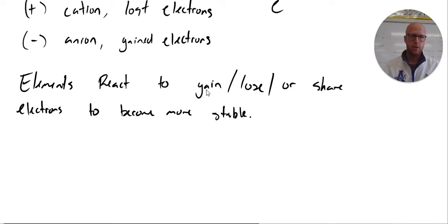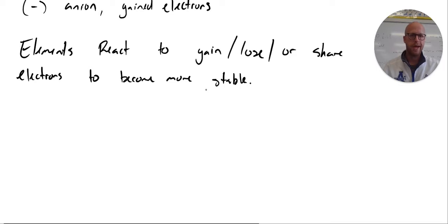Certain elements lose electrons, metals, and other elements, nonmetals, gain those electrons. If we remember back to our atomic radius and ionization energy, a lot of that has to do with how much control those elements have over those electrons, which helps determine if they gain or lose them.